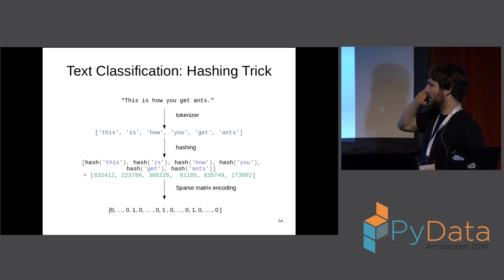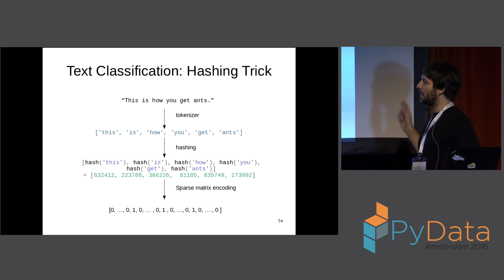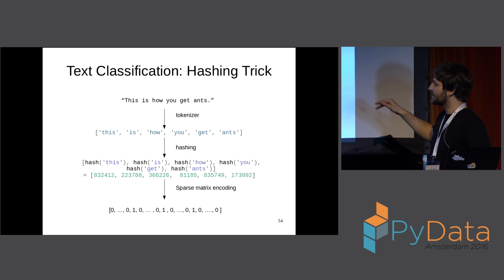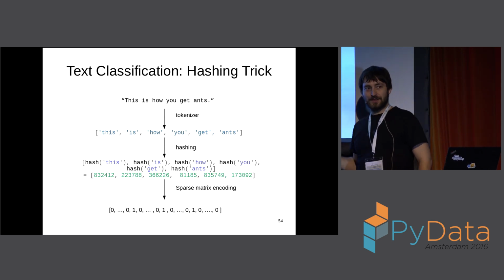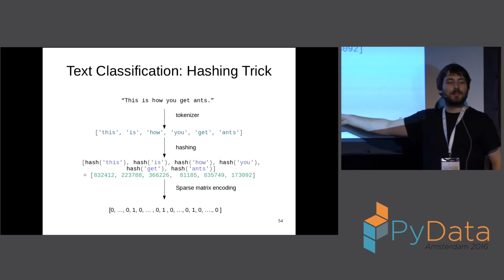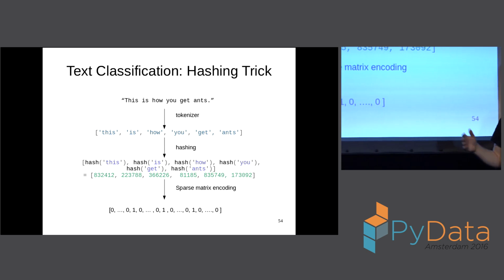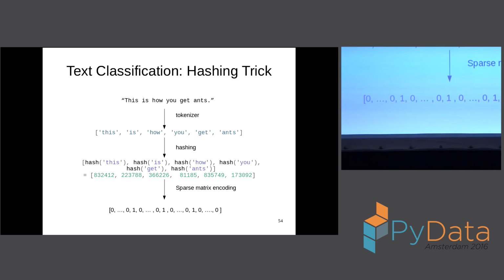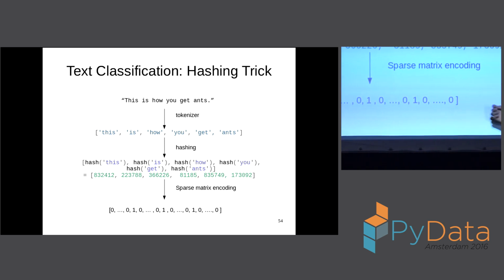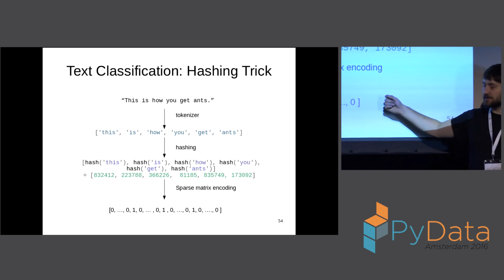This has two, or maybe one main drawback. The main drawback is you can't go back from this to the words. So if you built a linear model on this, before we plotted like, oh, this coefficient means this word, and that makes sense. But because it's a hash, you cannot go back to the words.